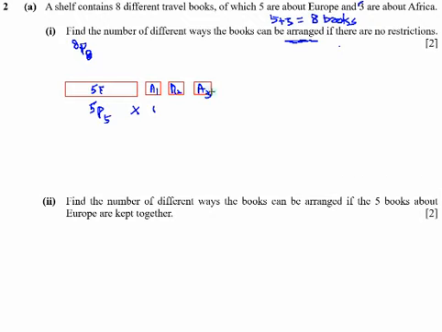For the arrangement within the 5-book block that you have, you actually have 5P5 times 1. This is one of the arrangements.